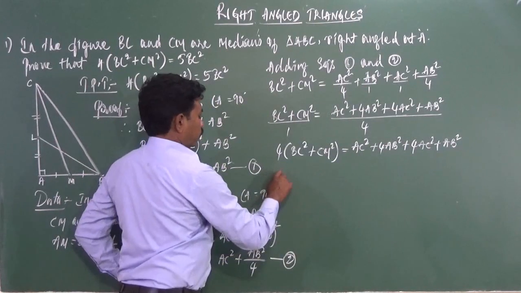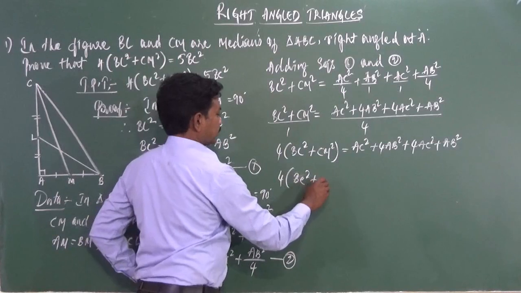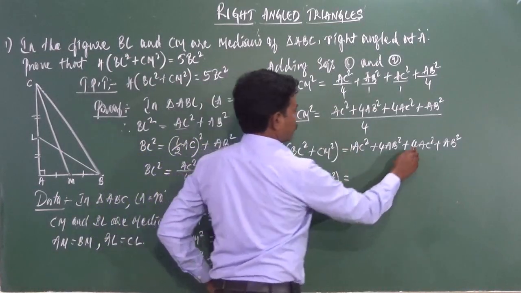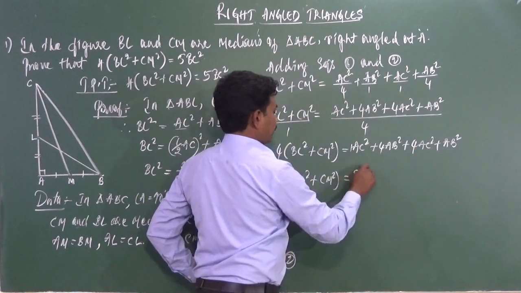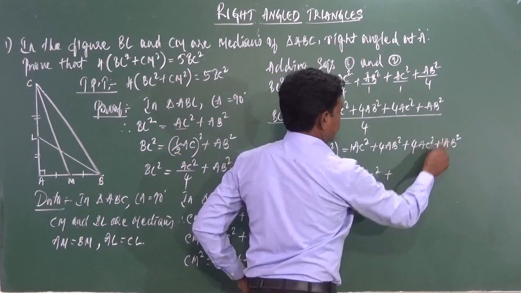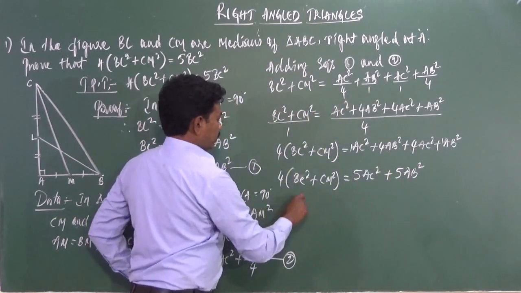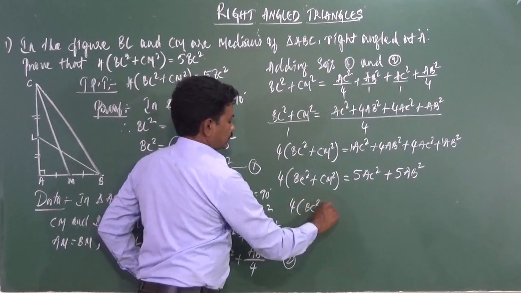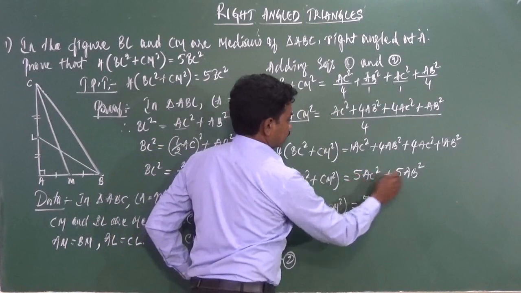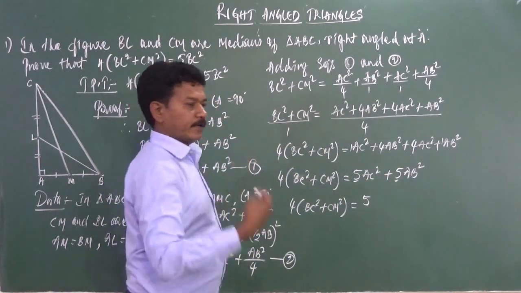So 4 into BL square plus CM square is equal to 1 AC square plus 4 AC square is 5 AC square plus 4AB square plus 1AB square is 5AB square. So 4 into BL square plus CM square is equal to, when we take common 5, because both the terms have 5 as a constant, we can take out 5 as common.